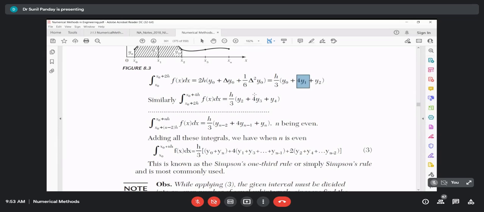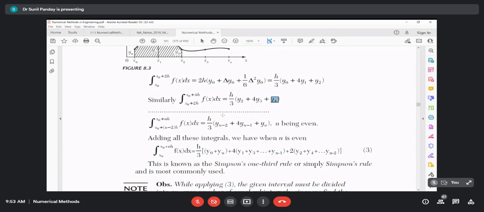So I collect all the terms having 4 as a multiple: 4 into (y1 plus y3 plus yn minus 1). Now y2 comes here and also in the next one, so it means 1 plus 1.